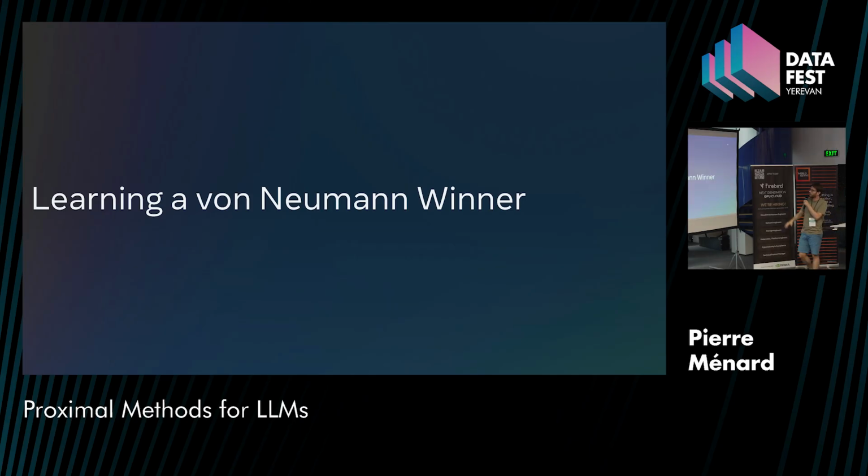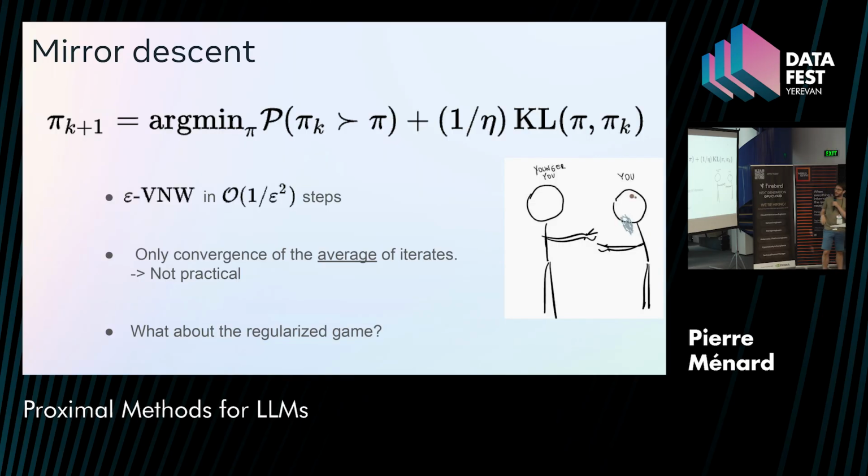now what we want to do is to learn this von Neumann winner. So how can we proceed? We can look at the classical algorithms for computing a Nash equilibrium in a game. And one very classic family of algorithms is mirror descent. So what does it do?